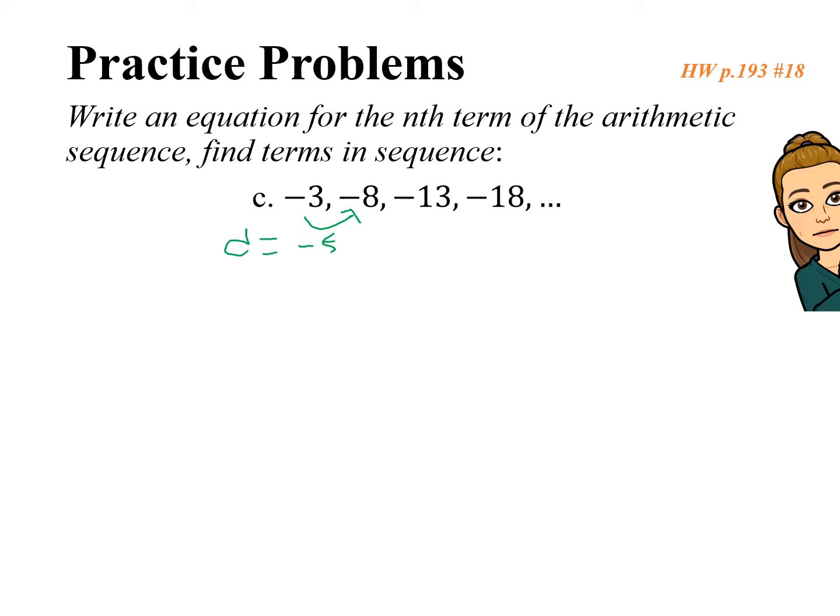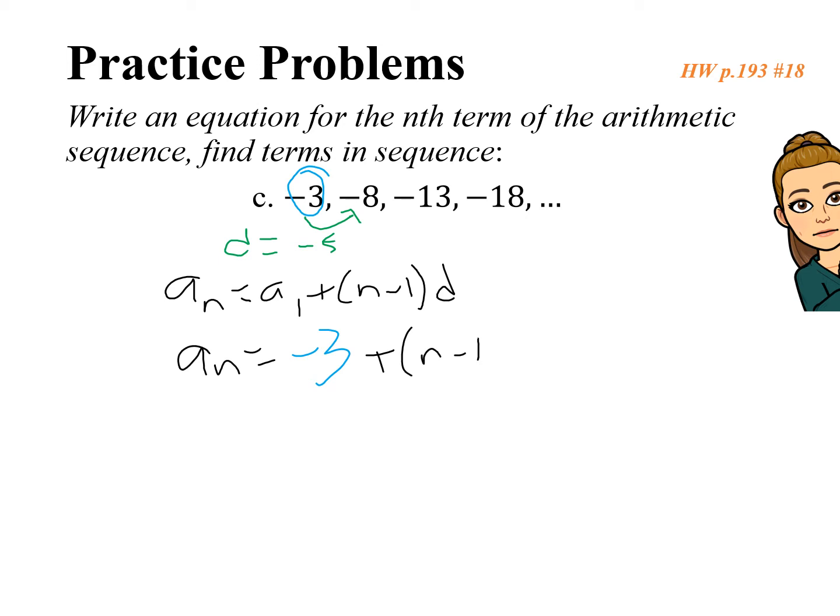I'm going to work with that original equation, a sub n equals a sub 1 plus n minus 1 times the difference. My a sub 1 value is the first term in my sequence. So I know that a sub n equals a sub 1 plus n minus 1 times my difference. Now I need to simplify my expression.